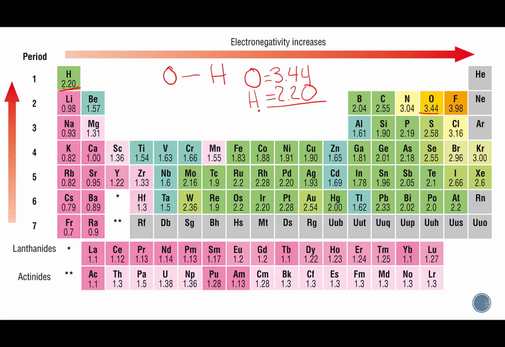And I'm going to subtract them. So the difference in electronegativity between those two is 1.24. So that's the first step. Let's look at what the electronegativity difference is. Okay. Well, then how do we know if that's a big electronegativity difference or a small one?